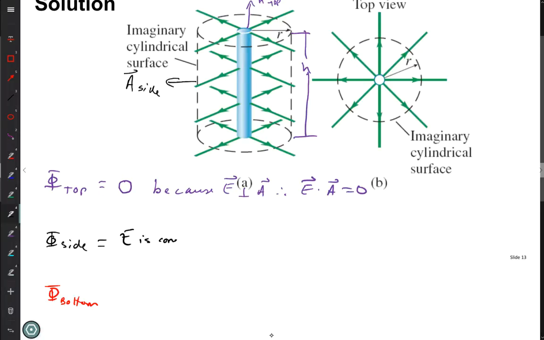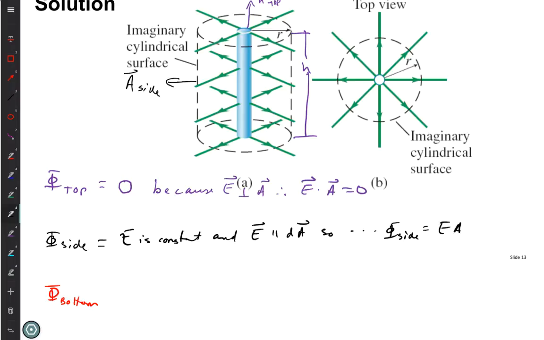So this is going to be the electric field multiplied, well, E is constant and E is parallel to dA. So dot, dot, dot, because we've seen all of the rest of the steps. The flux on the side is equal to EA. What's the area for the side of a cylinder? There's a real easy way to get that answer.